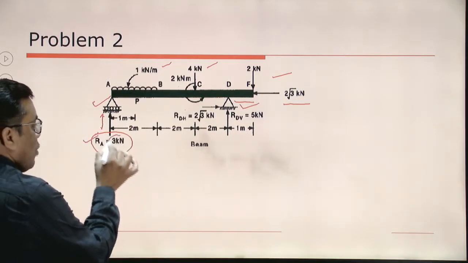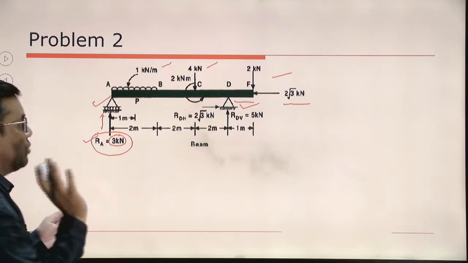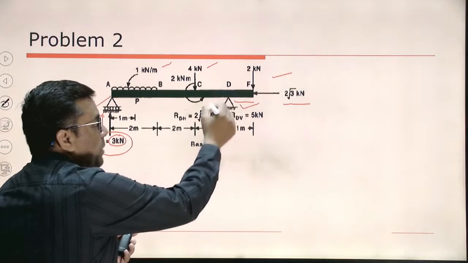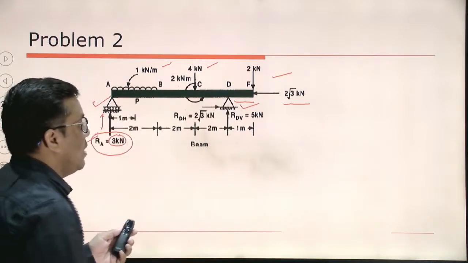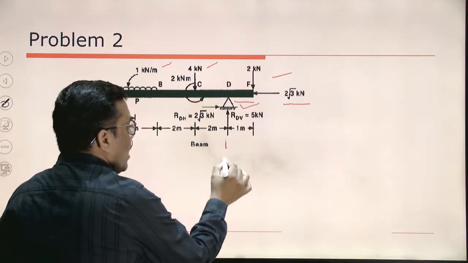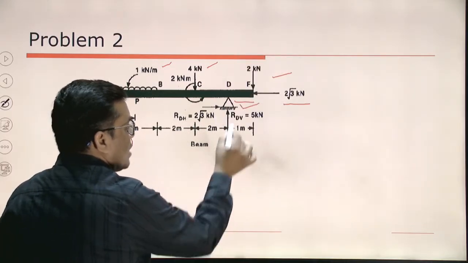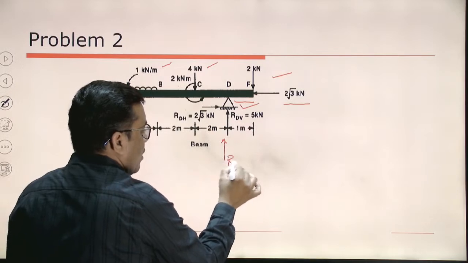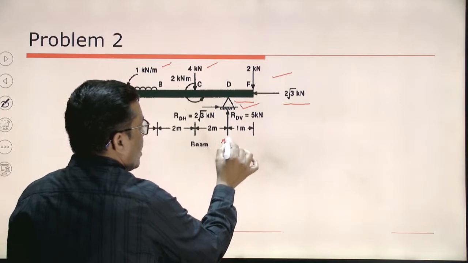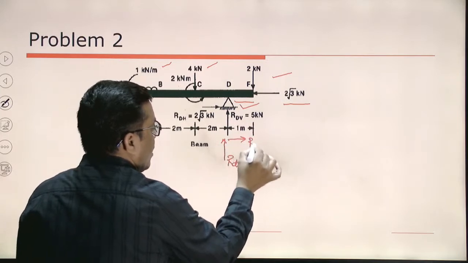I do not know the value now; I am going to solve this. And whenever I replace the hinge support, it will be replaced by two reaction forces. One is the vertical upward reaction, which is written as RDV, and the other is the horizontal one, RDH.